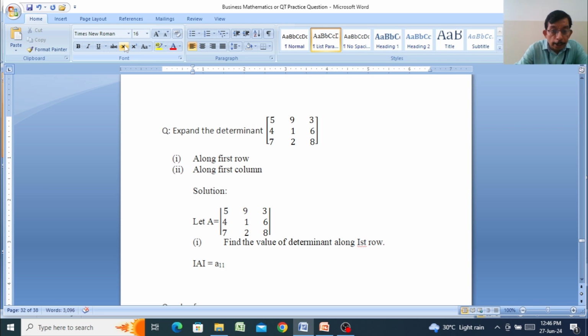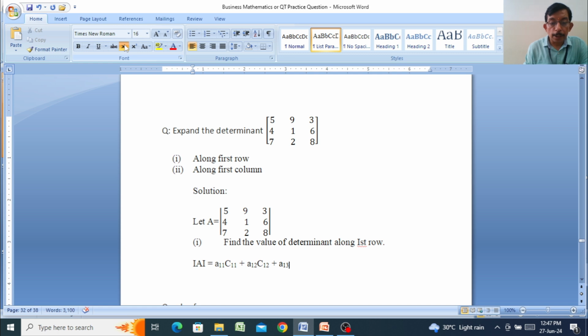The corresponding cofactor is C11, plus A12. The corresponding cofactor is C12. The last element of the first row is A13.